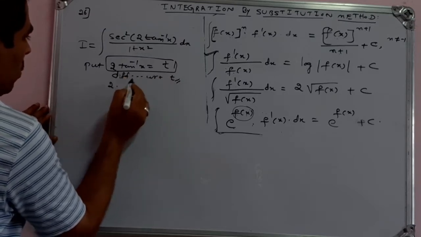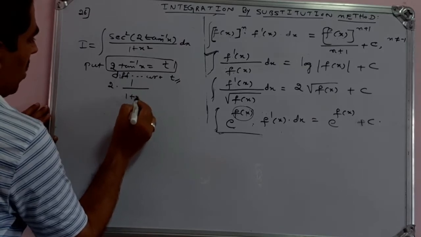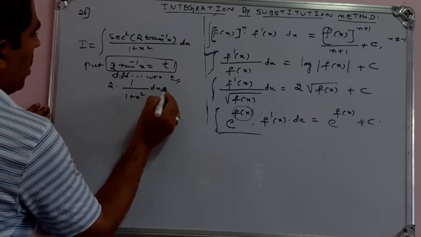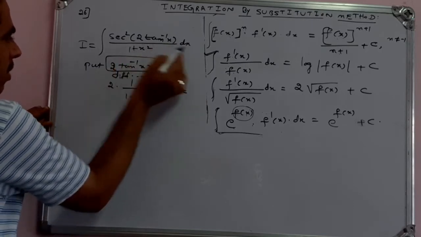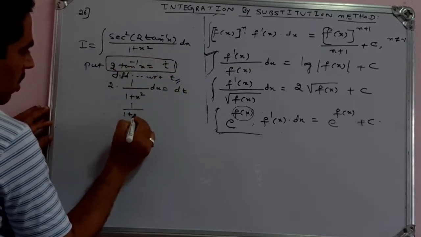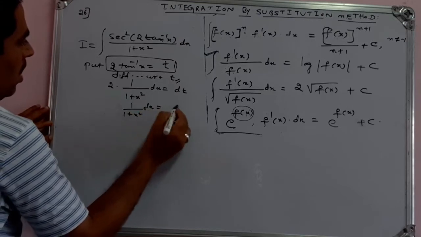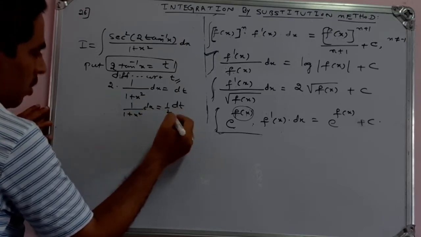2 into the derivative of tan inverse x, which is 1 by 1 plus x square, into dx is equal to dt on the right hand side. Then I want only 1 by 1 plus x square, I don't want 2. So 1 by 1 plus x square into dx is dt by 2, or half dt.